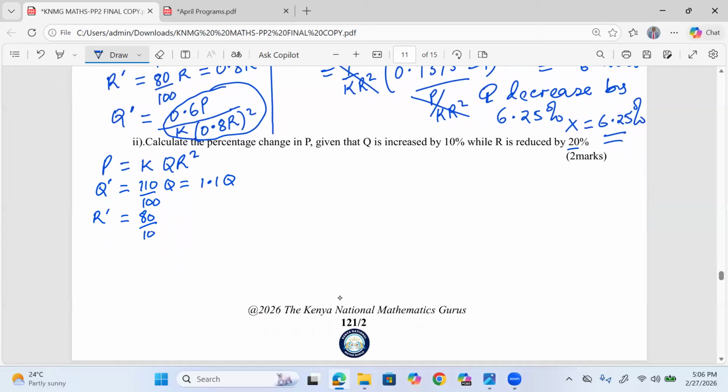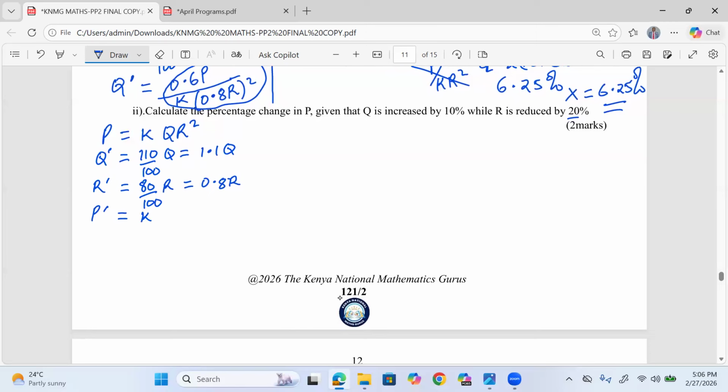So it's 80% of original R, 0.8 of original R, meaning that the new P shall be constant multiplied by the new Q, 1.1 of original Q, times 0.8 R squared. The new P is going to be 1.1 times 0.8 squared. This is 0.704, a constant, times Q times R squared.